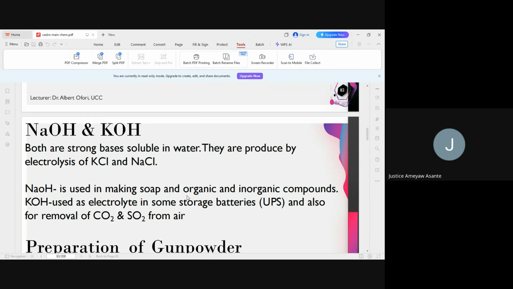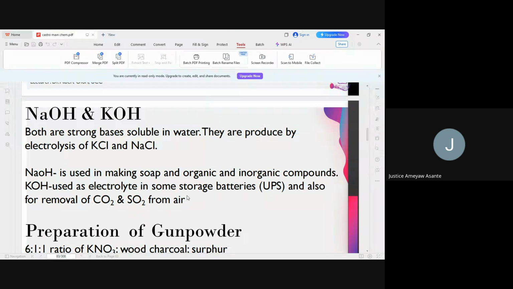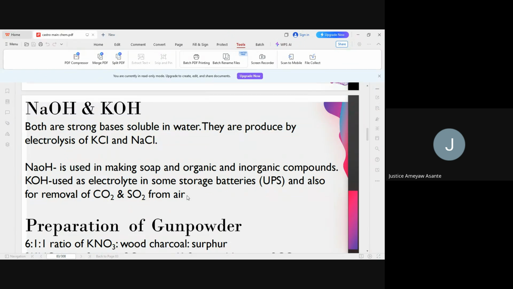Now, what are sodium hydroxide and potassium hydroxide? They are all known as strong bases. They are all soluble in water. They are produced by electrolysis of potassium chloride and sodium chloride. So when you electrolyze potassium chloride and sodium chloride, remember, you are dissolving it before you can get it in the ionic state.